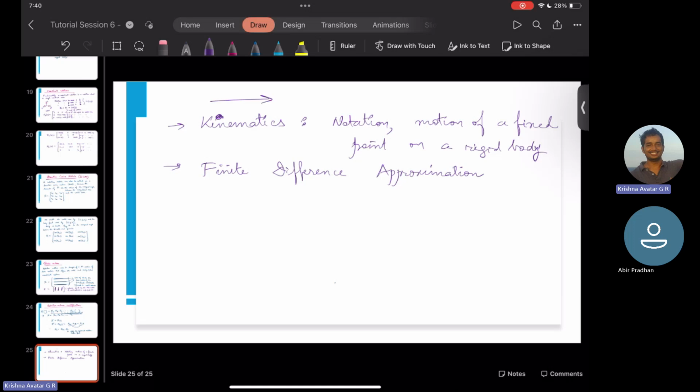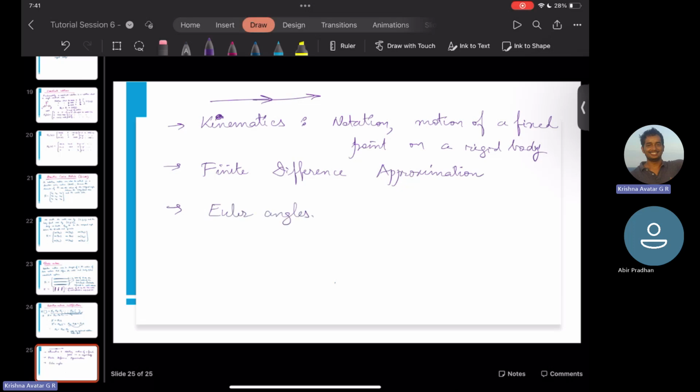So this is in the upcoming sessions, right? And once this is done, then we'll move further, we'll talk about Euler angles, but I will better save that for the second tutorial session from today, and if possible, you can even talk about Euler angles in the next tutorial session.